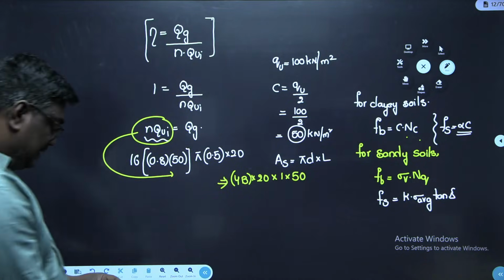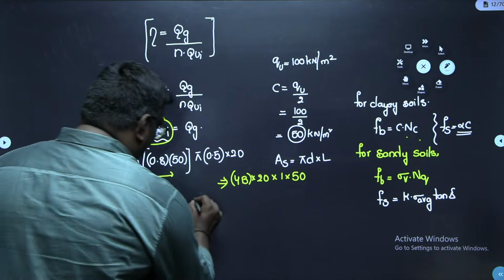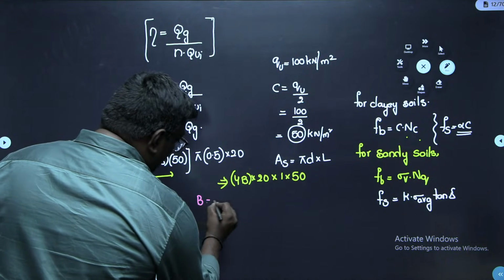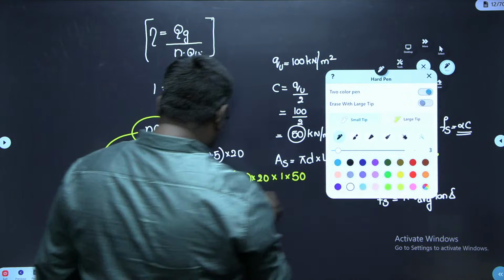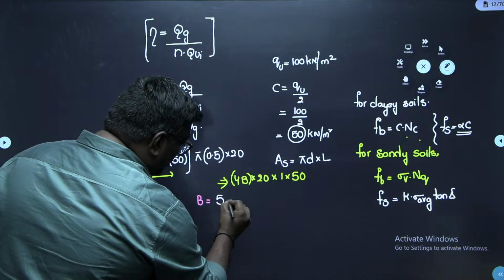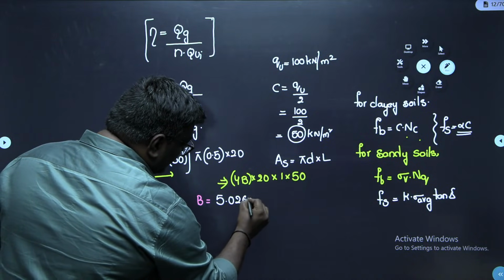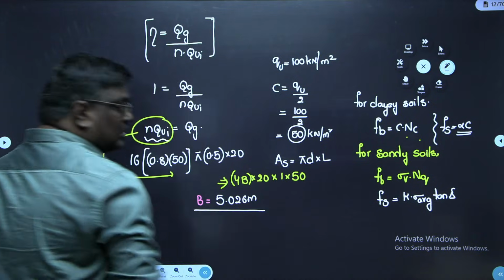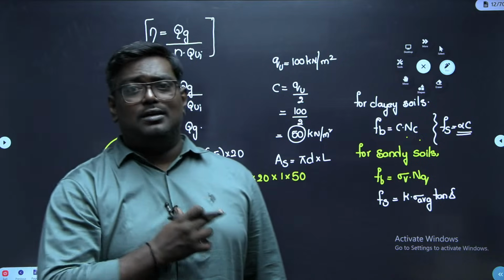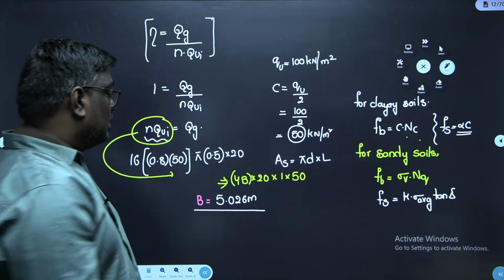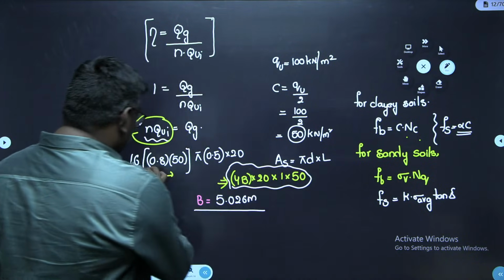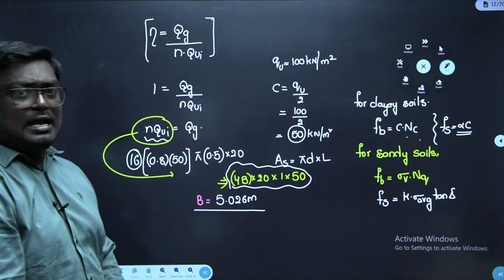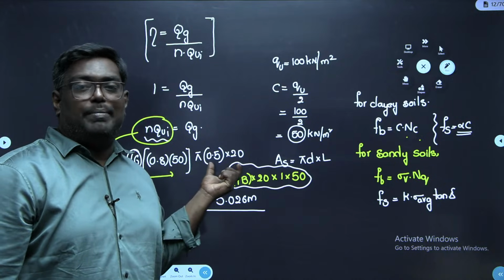If you solve this, you will get a B value of around 5.026 meter. But he is not asking what is the width of the entire pile group. Sir, here this is group capacity. Here we are multiplying with 16 and calculating the individual capacity.